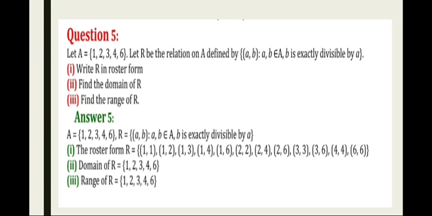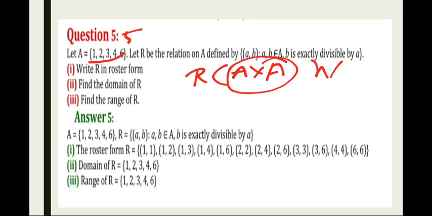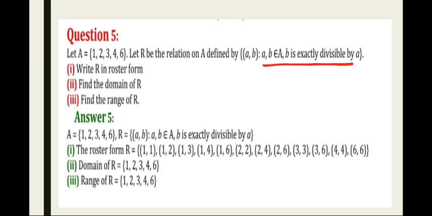The relation is from A to A, which means the relation is a subset of A cross A. A contains 5 elements, so A cross A will contain 25 elements. These 25 elements will be in the shape of ordered pairs, as you know from the Cartesian product, and from these 25 ordered pairs you have to choose which ordered pair satisfies this condition, that the second element is exactly divisible by the first element.